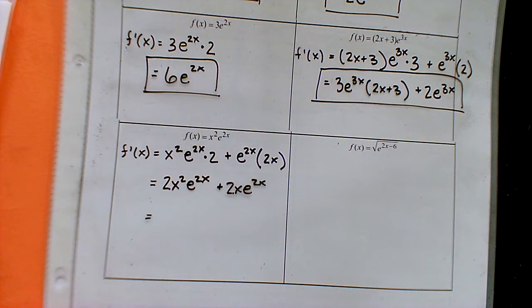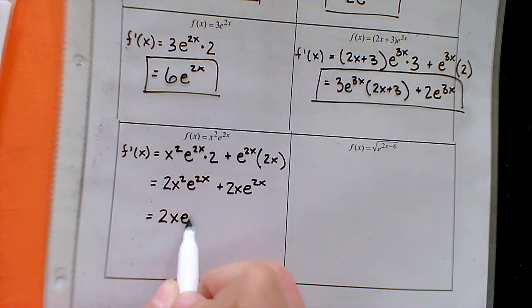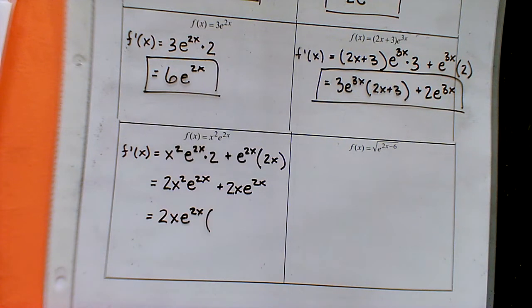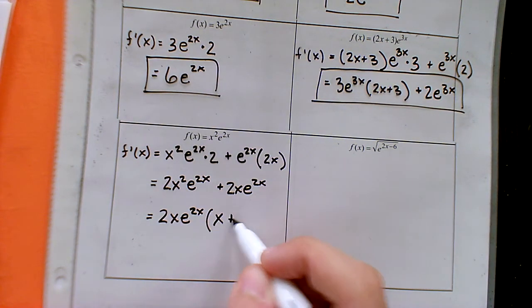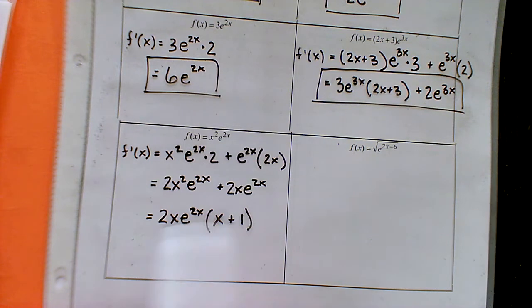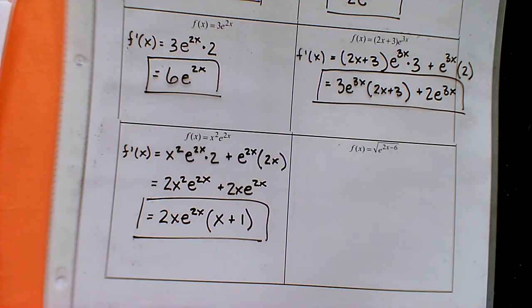So we could think about factoring, if that would help us. If we take a 2 out, an x out, and an e to the 2x out, we'd be left with x plus 1. Okay, so there's multiple ways you can simplify this, like I said. Maybe you don't want to do that, maybe you have to do that, I don't know. Okay, but we got to get used to rewriting things if we have to.